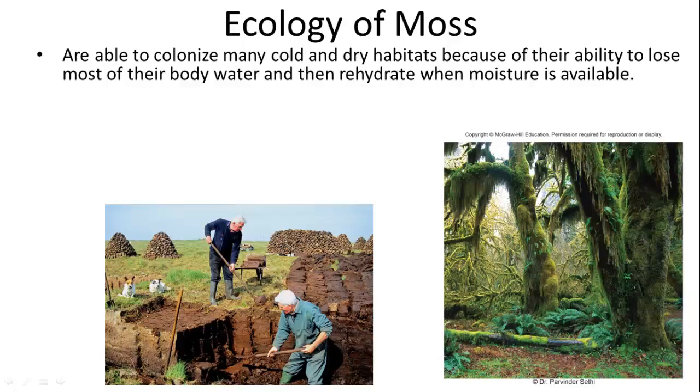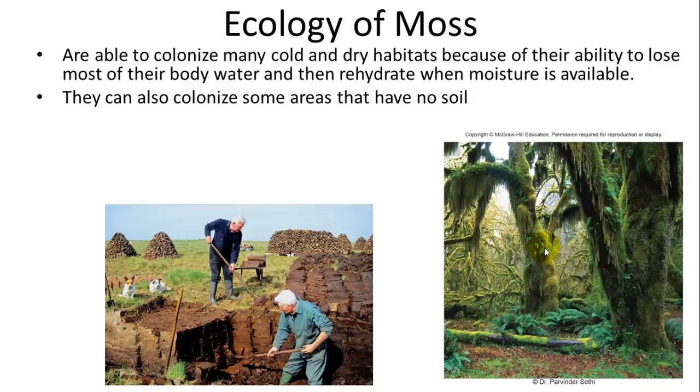All right, so we'll start with moss. Moss have a unique ability in their colonization. So here's a wet rainforest, where you have lots of mosses all over the trees and on the ground, and they have an ability to go into a dormant stage when things are dry, and then when conditions are wet and moist, they will be able to come out of dormancy and produce spores and basically cover any areas that are moist.